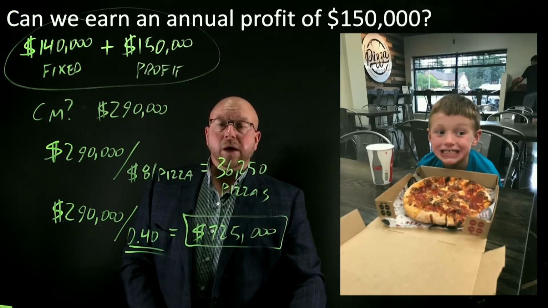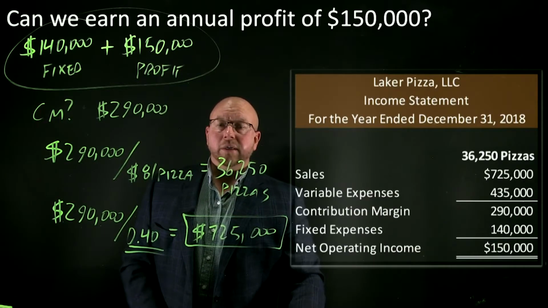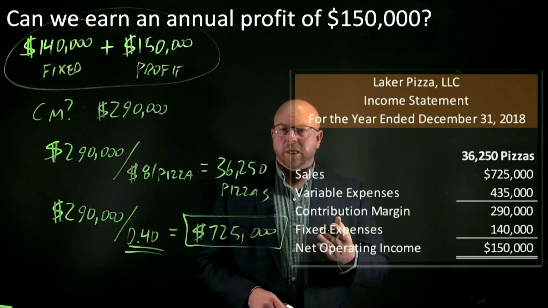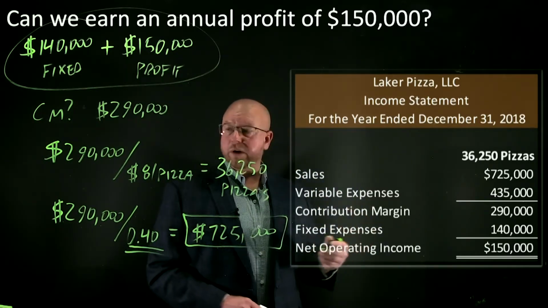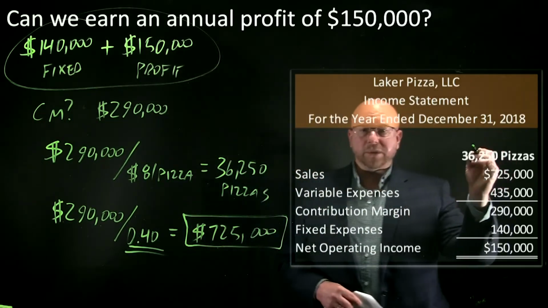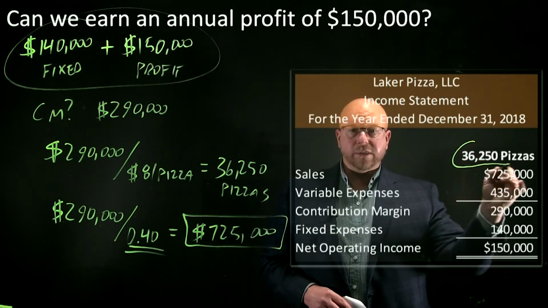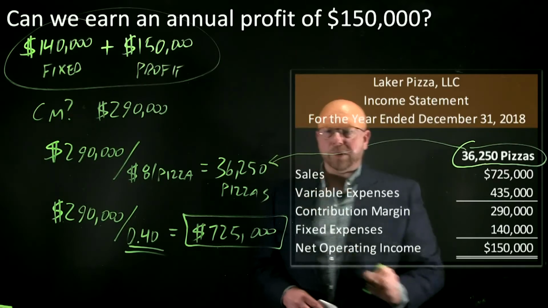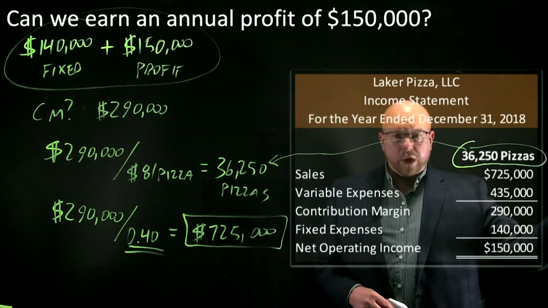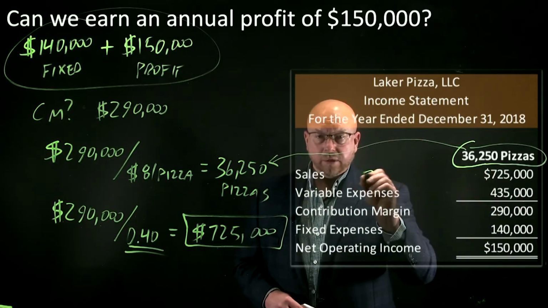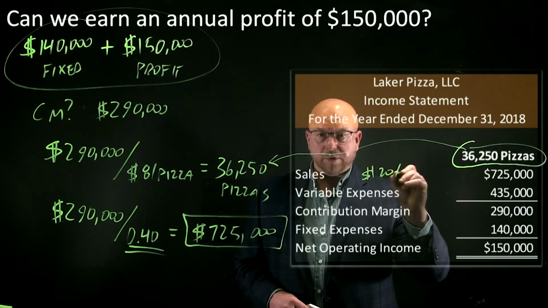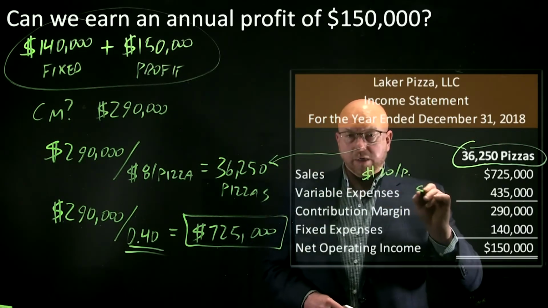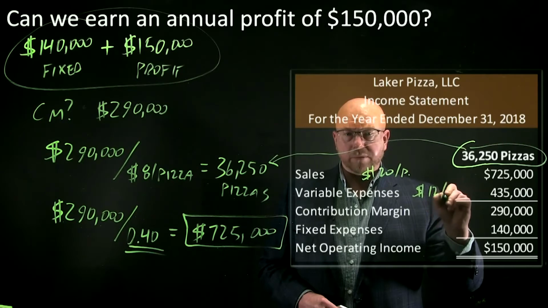Now, accountants are professional skeptics, so some of you might be saying, prove it to me. Well, okay, fair enough. Here's an income statement, 36,250 pizzas. Okay, that matches up with what we determined over here. And at a rate of $20 per pizza, and the variable expenses were $12 per pizza.